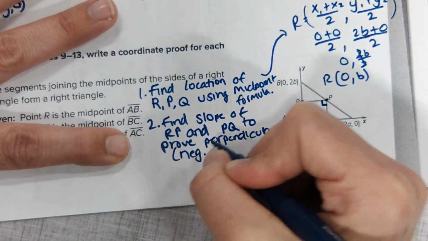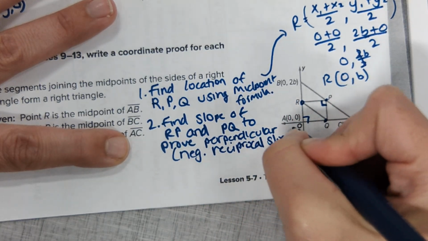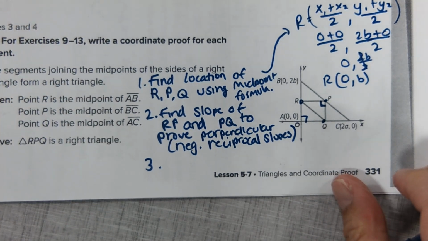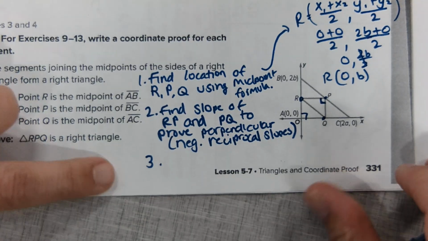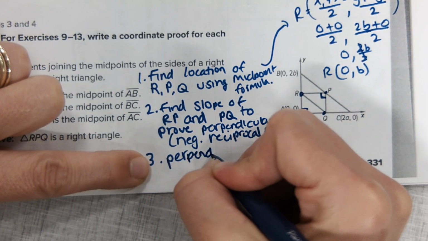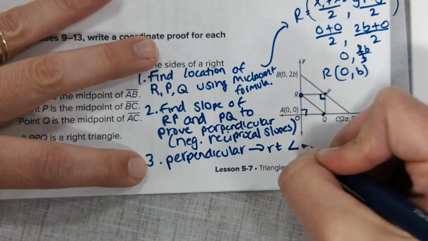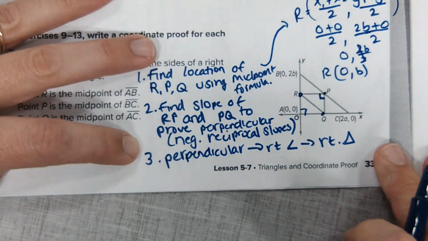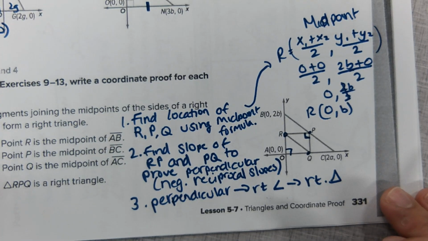So negative reciprocal slopes. This is definitely a higher level concept. And then for 3, once you prove that these lines are perpendicular, then you have a right angle, then you have a right triangle, and you could prove that that's a right triangle. Wouldn't that be so fun?